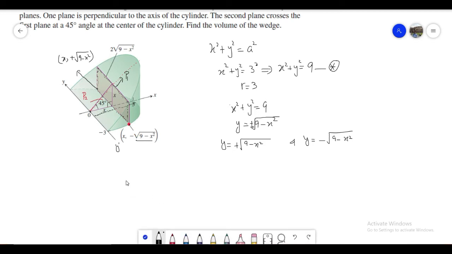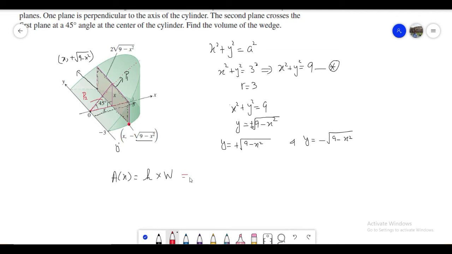The area of the cross section, which is A of x, is basically the height times its width. So the height, if you look at this figure, since it is occupying the x-axis and the y-axis, and the x-axis runs from 0 to 3, so it is moving like a straight line.